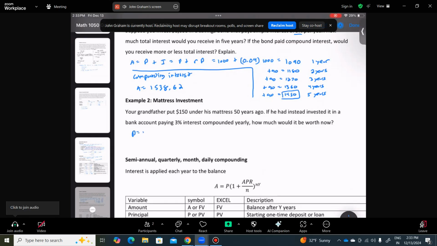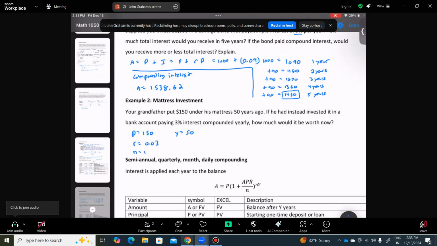So here we have P is 150. That's what your initial investment is. It's the only money you're adding into the account. R is 3%. The N is 1 because we're only looking at this annually. And then the years, we're looking at 50. So we're going to do this over 50 years.